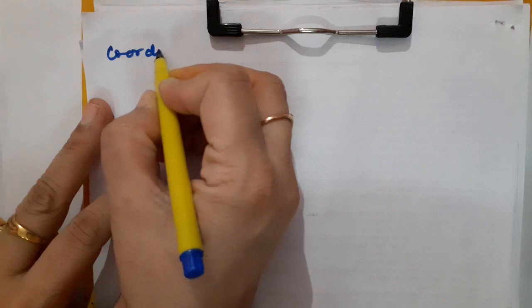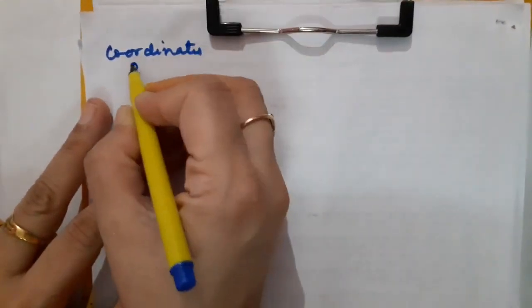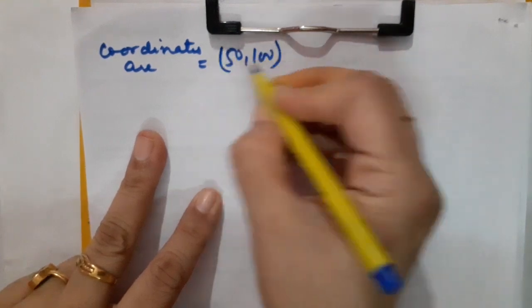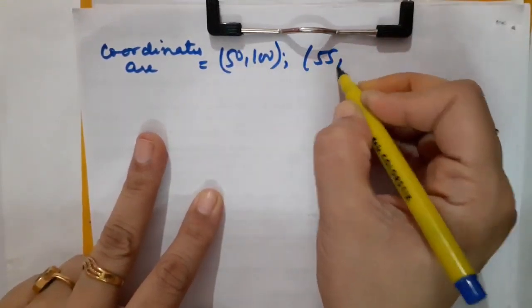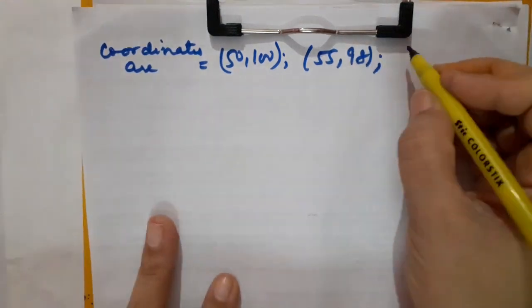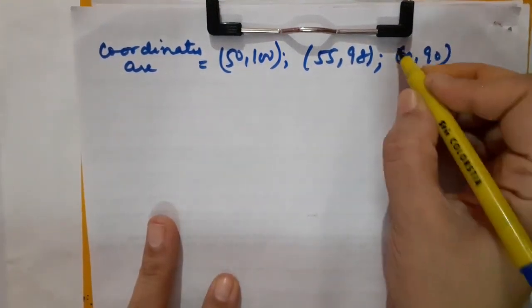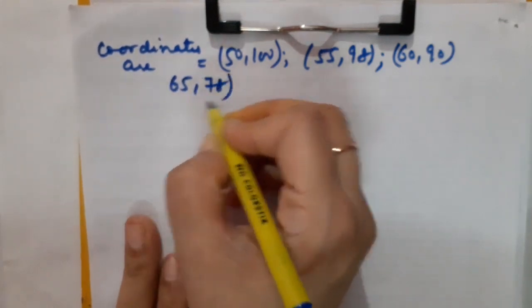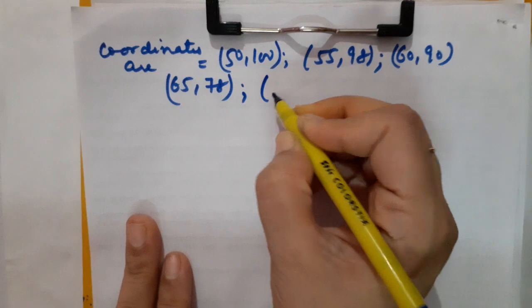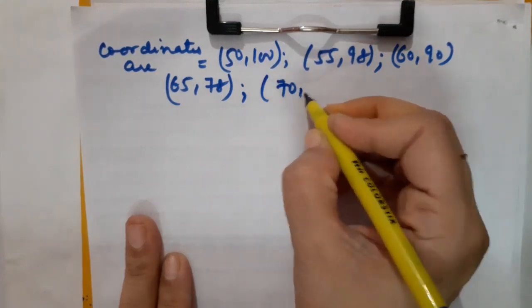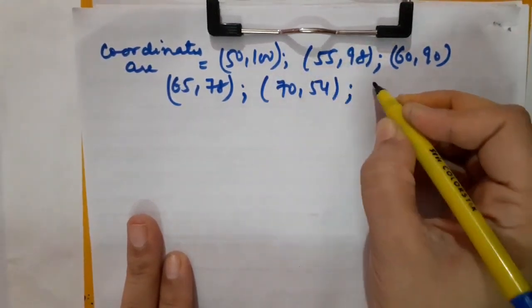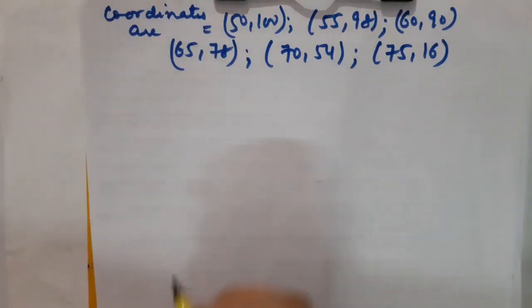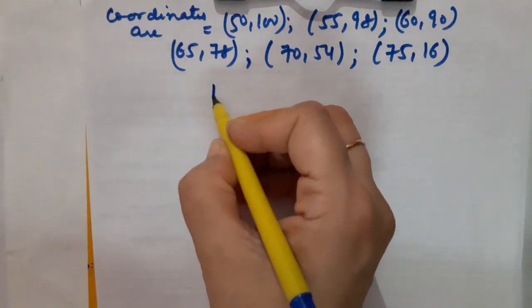The coordinates which we are going to plot are 50, 100, 55, 98, 60, 90, 65, 78, 70, 54 and 75, 16. So now let us make the more than type ogive.